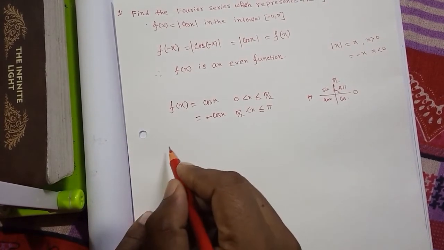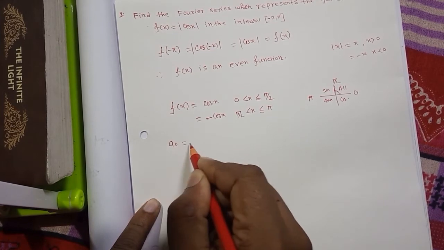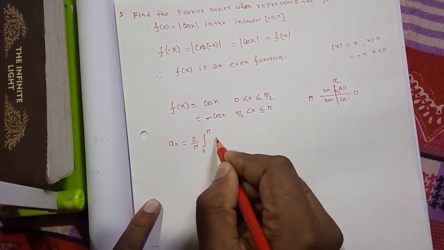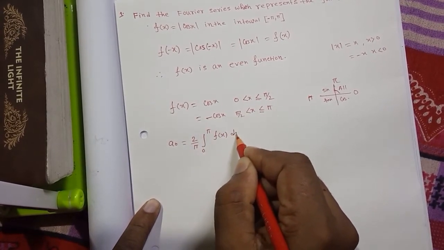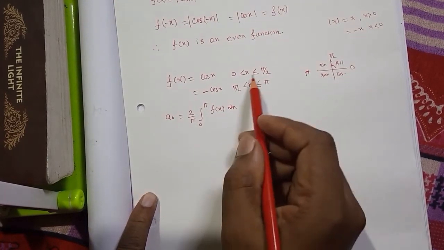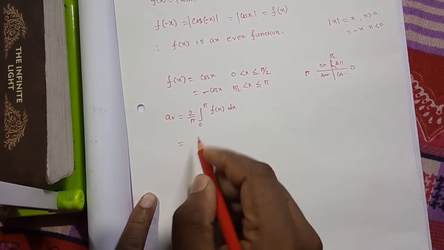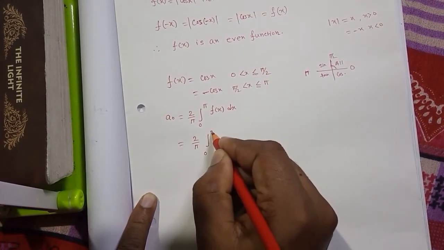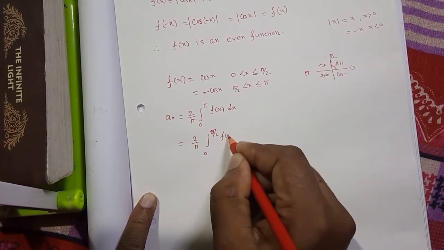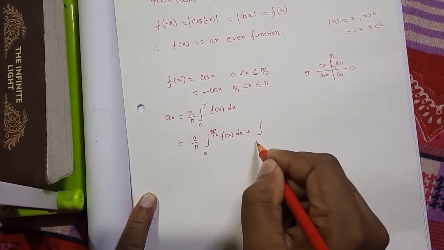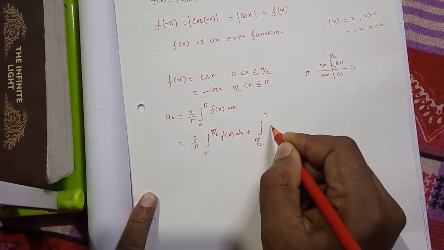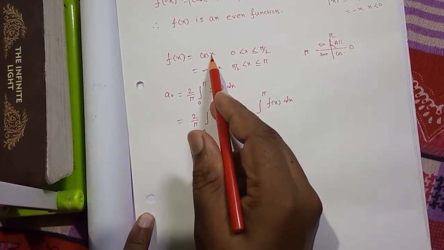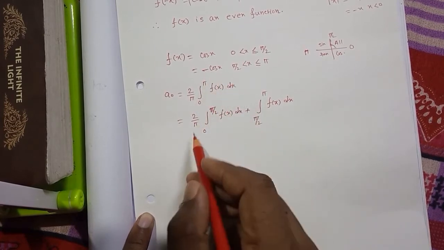Now we find a naught. What is the formula of a naught? A naught is equal to 2 by pi integration 0 to pi f of x dx, and if we break down into these two parts, 2 by pi integration first 0 to pi by 2 f of x dx plus integration pi by 2 to pi f of x dx. In 0 to pi by 2 this is cos x, and in pi by 2 to pi this is minus cos x.